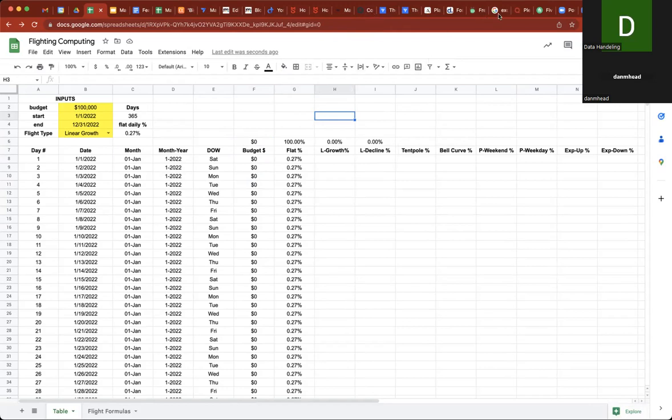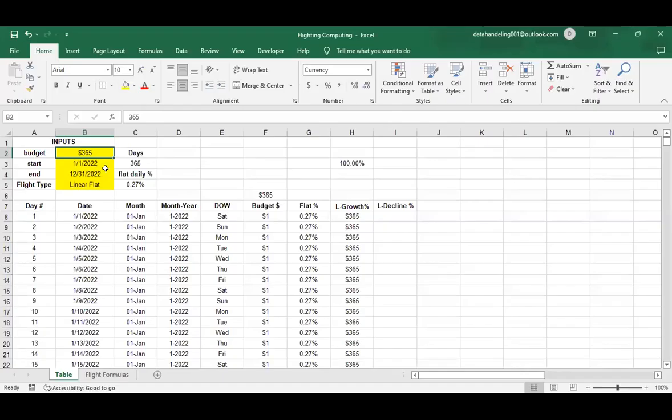So actually, let me share my screen again. So if I take $365 to be divided over 365 days, I would need 1% on each day for a linear growth. Let me think.